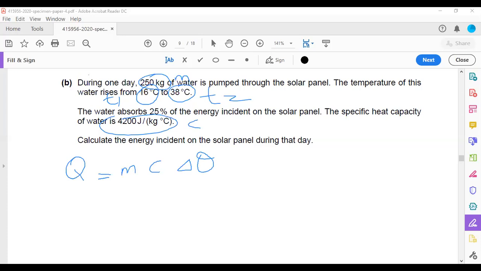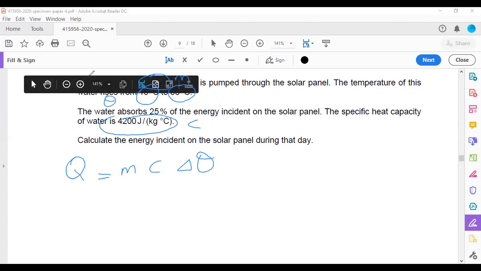Instead of T1 and T2, I'm going to use theta 1 and theta 2, because we have learned that. So the mass of your water was 250 kilograms. The specific heat capacity of water is 4200 joules per kilogram degree C.